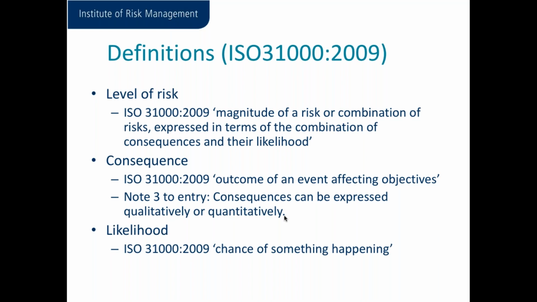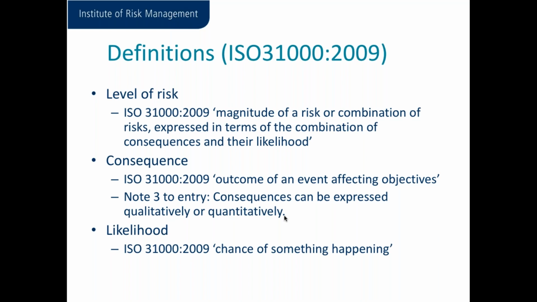So the next set of definitions are in relation to some of the notes we just had in the previous definitions, so they all relate to each other. When we're talking about the level of risk, this is the magnitude of a risk or combination of risks, expressed in terms of the combination of consequence and their likelihood.